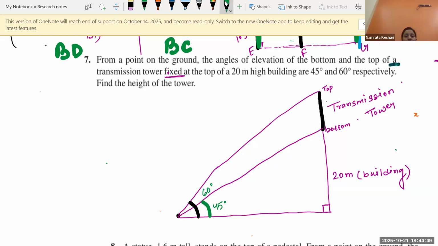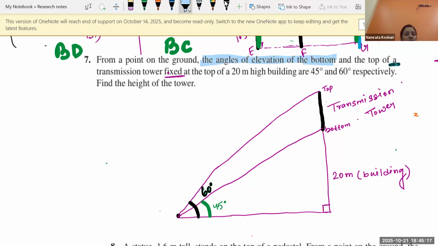The complete one, this one. Now, just a moment. If you read the question carefully, it is clearly mentioned: the angle of elevation of the bottom.